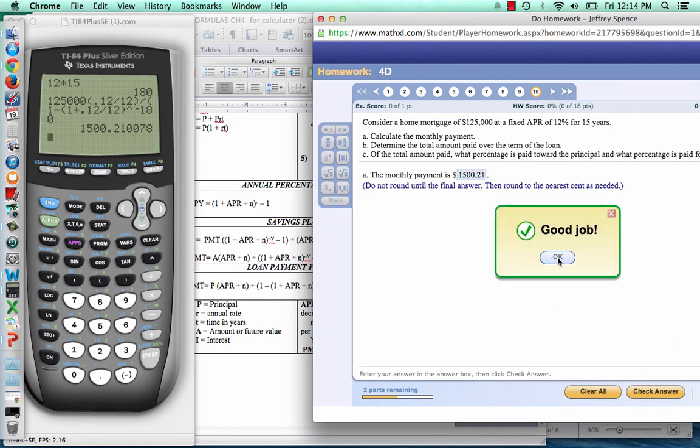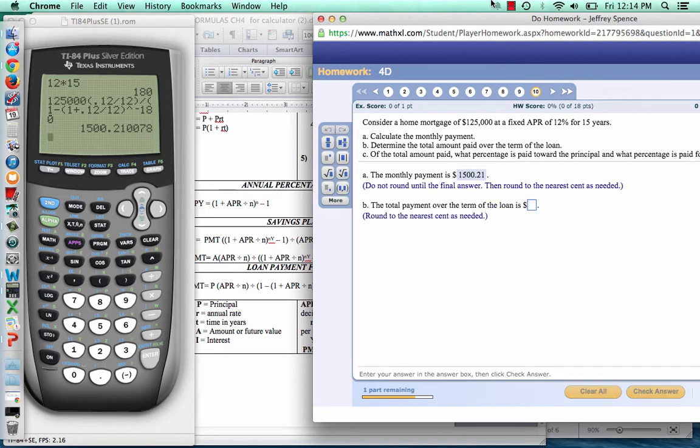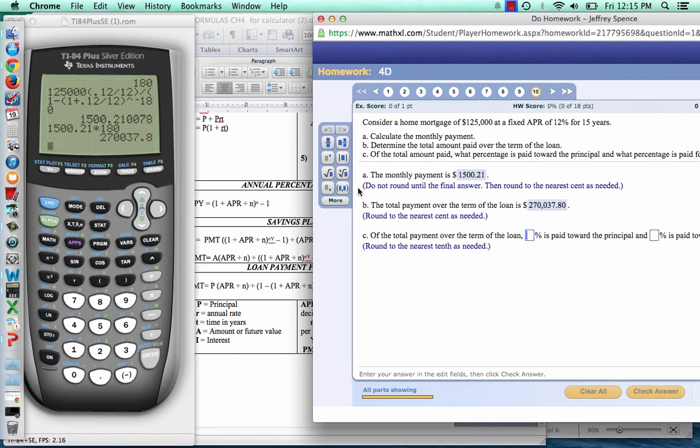Okay. Then it says determine the total amount paid over the term of the loan. I've already typed it in here. I just wanted to make sure on something with my MyMathLab. To figure out the total payment over the term of the loan, remember we're making monthly payments of $1,521.21. We're making them every month for 15 years.